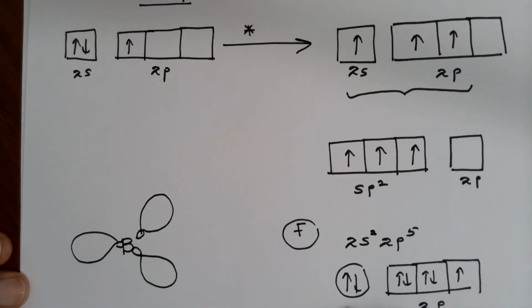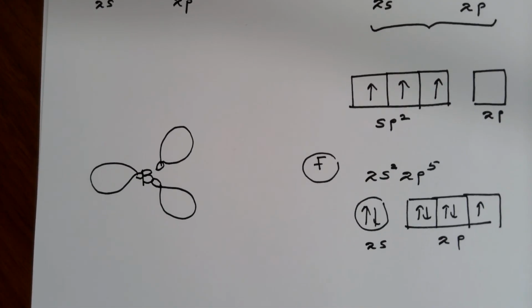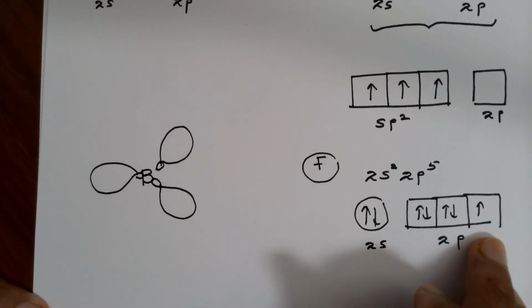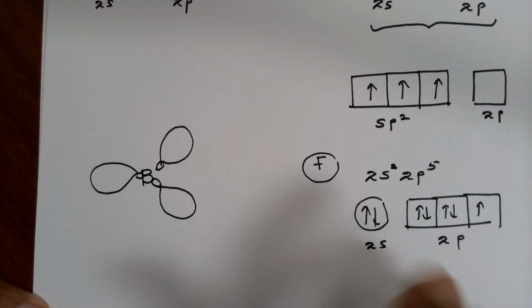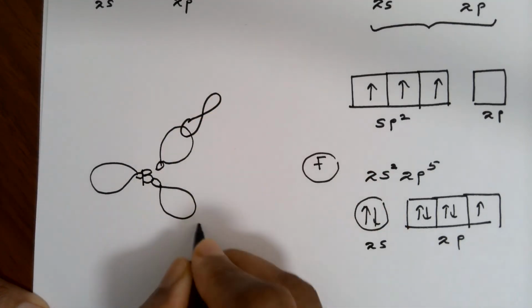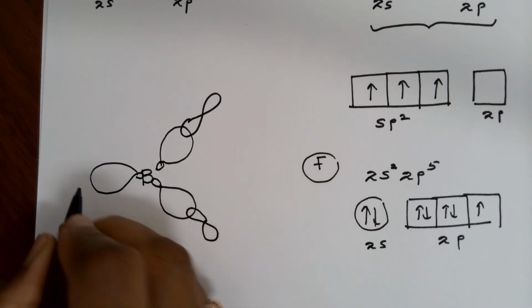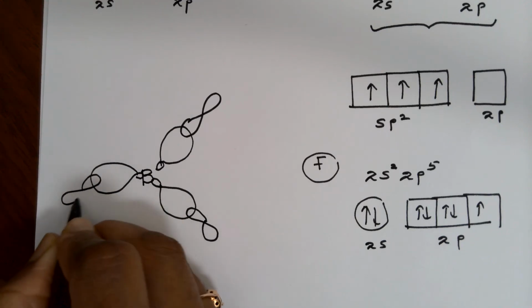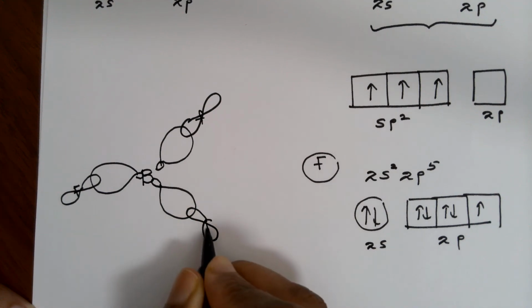This is 2p and this is 2s. So the fluorine atom's singly occupied 2p atomic orbital, which is dumbbell shaped, comes and joins with each of these sp2 hybridized orbitals to form three BF bonds.